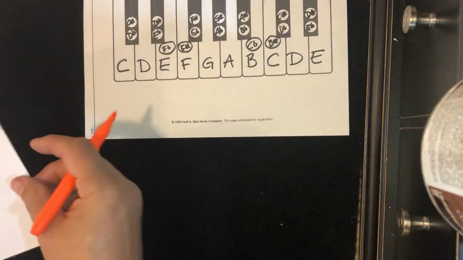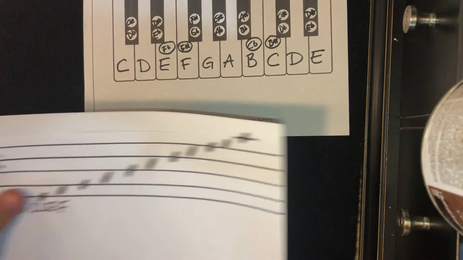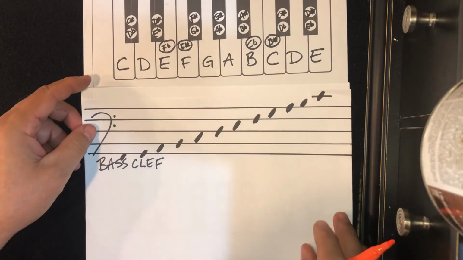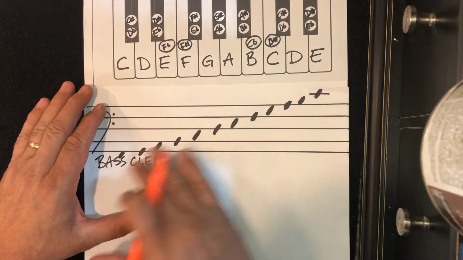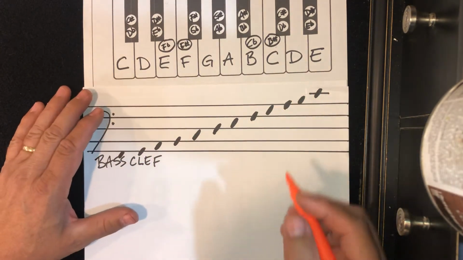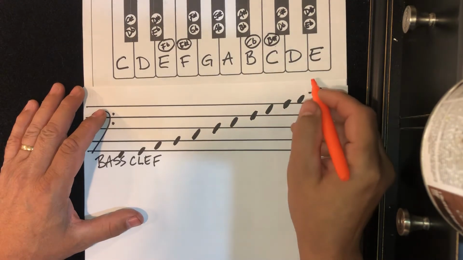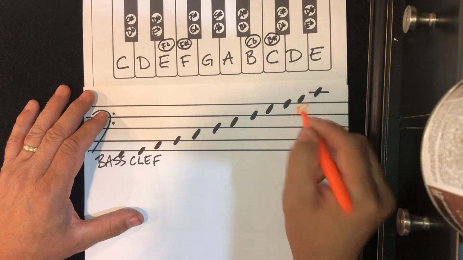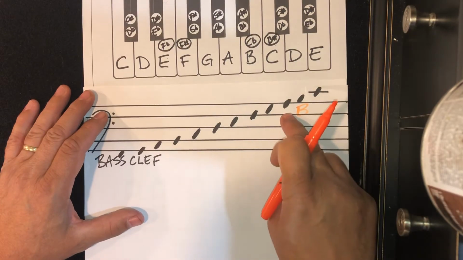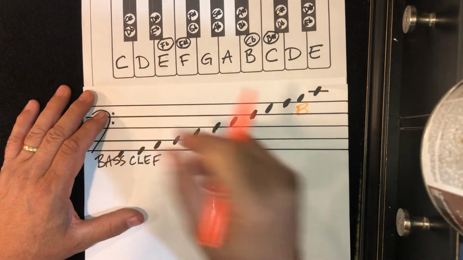So I'm going to pull that away. Bass clef. It's the same idea, except I've created it backwards here. Now, sitting on top of the bass clef staff is B. Then I'm working my way downward on this keyboard here.